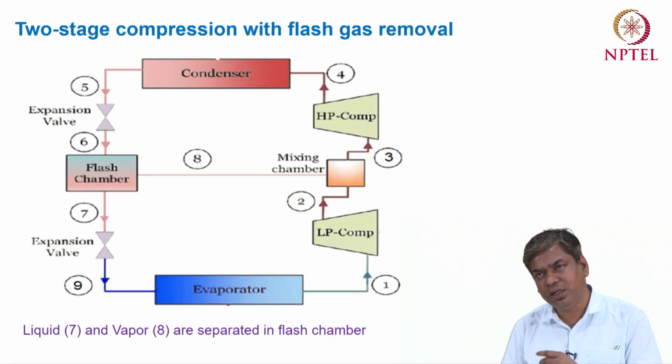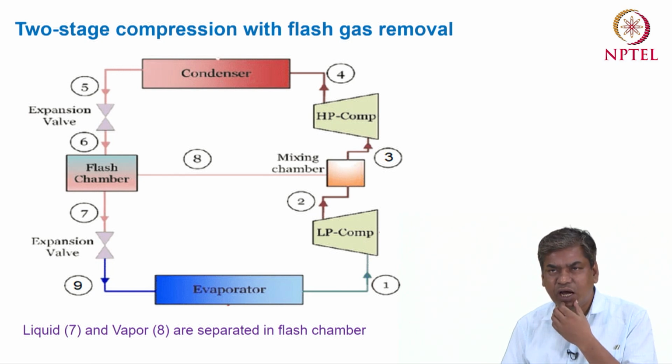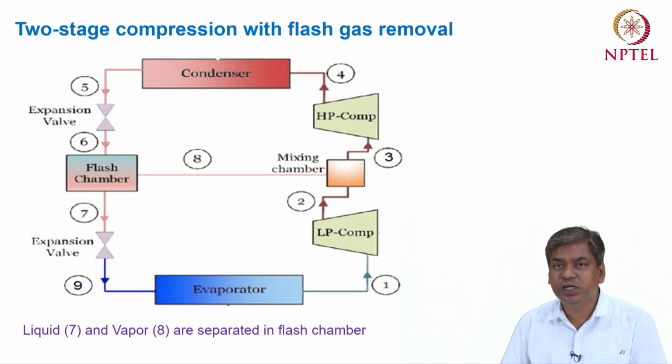That means the temperature of the refrigerant after the low pressure compressor decreases in the mixing chamber, and we get the temperature T3.